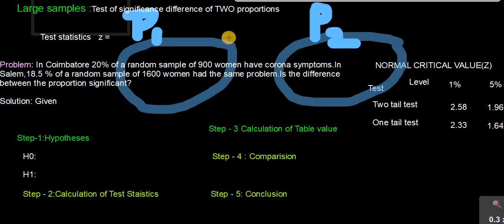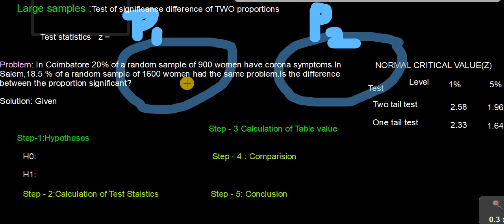Our question is whether these two populations are equal, that is, there is no significant difference between them, or there is a significant difference. Whether this proportion is completely different from this proportion, or very close to it. That's what we are interested in.